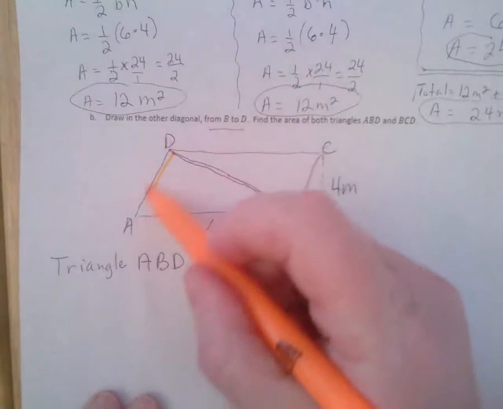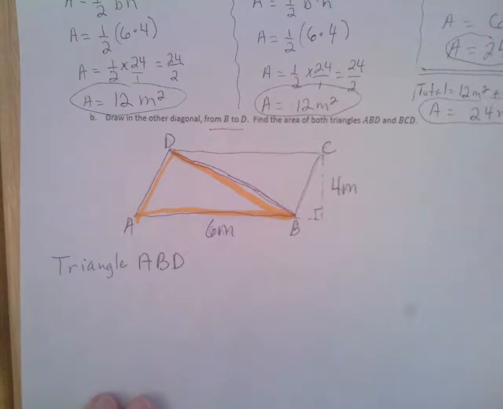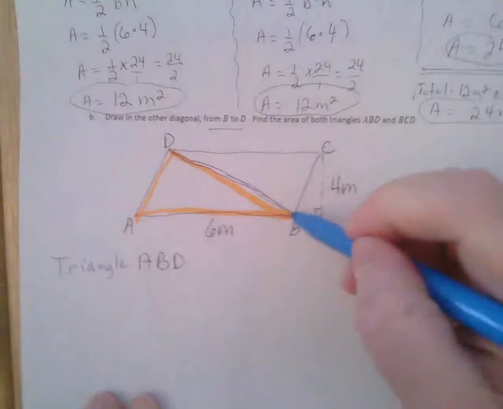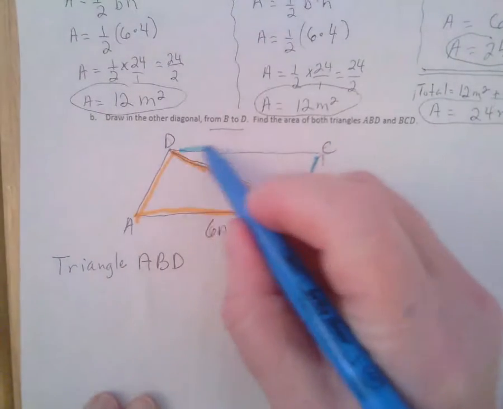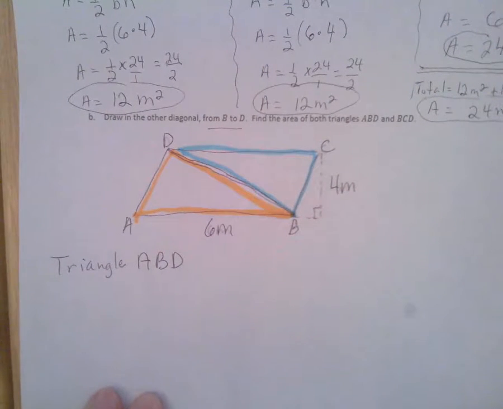That's this triangle. And then we're going to find the area of the triangle BCD. And when we put those two areas together, that will give us the whole area of the parallelogram.